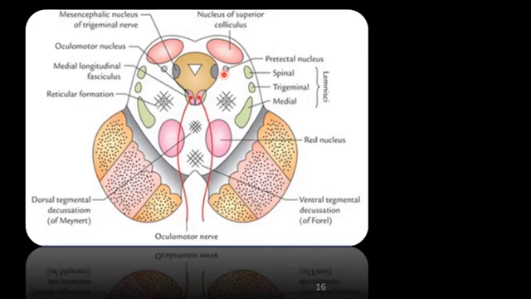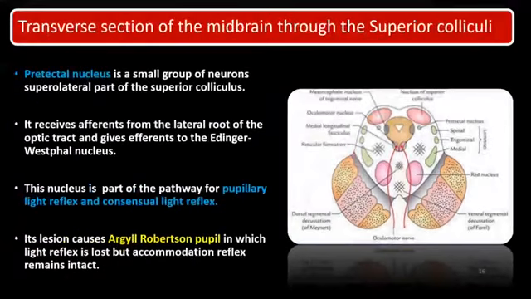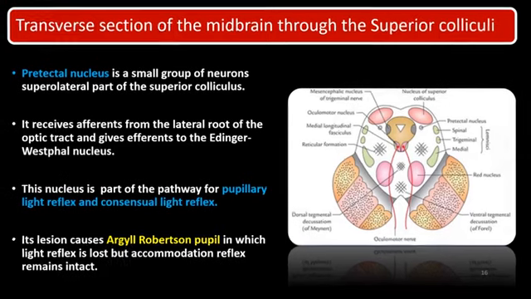The nucleus forms part of the pathway for pupillary light reflex and consensual light reflex. If there is lesion of pretectal nucleus, it will cause what is called Argyll-Robertson pupil, where light reflex is lost, but accommodation reflex is intact.